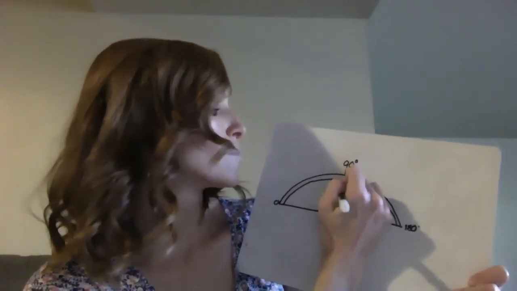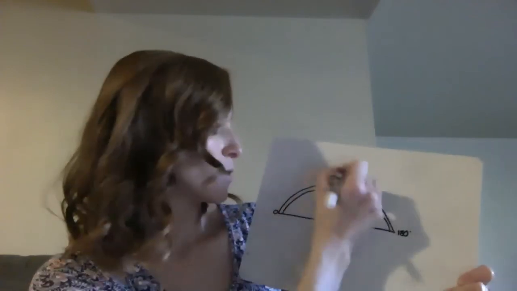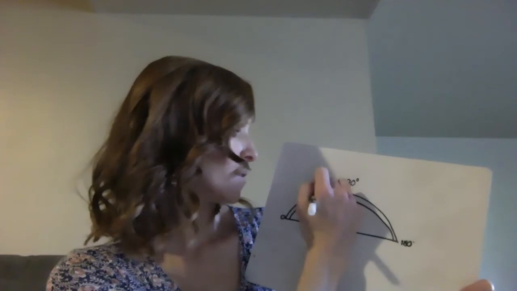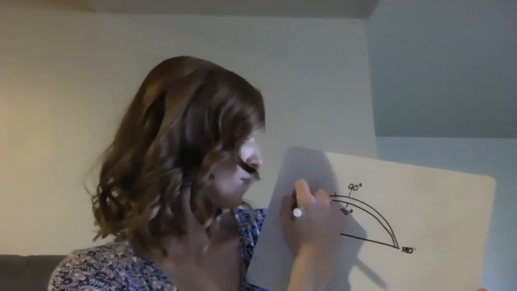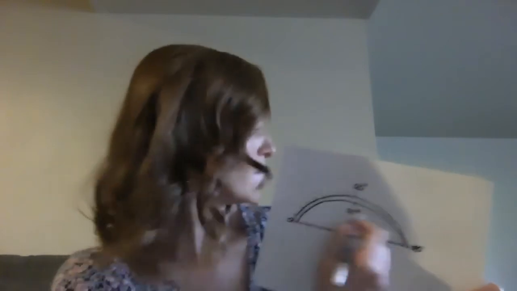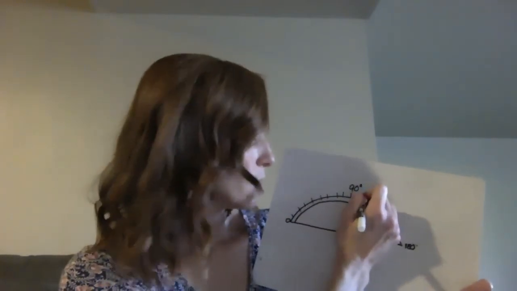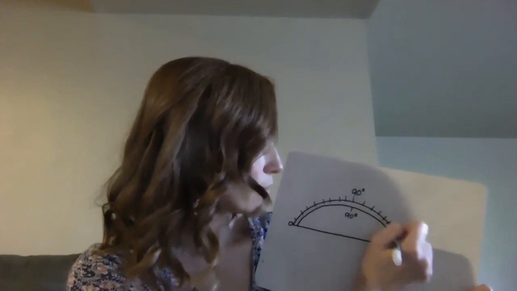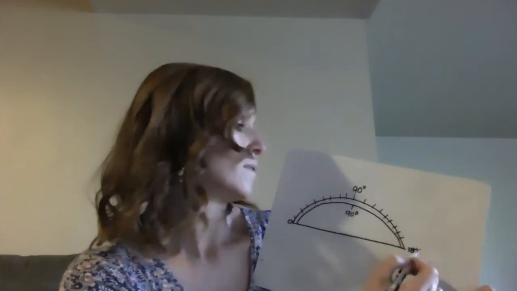So protractors measure angles: 0 to 90, 90 to 180. Then 90, 100, 110, 120, 130, 140, 150, 160, 170, 180.